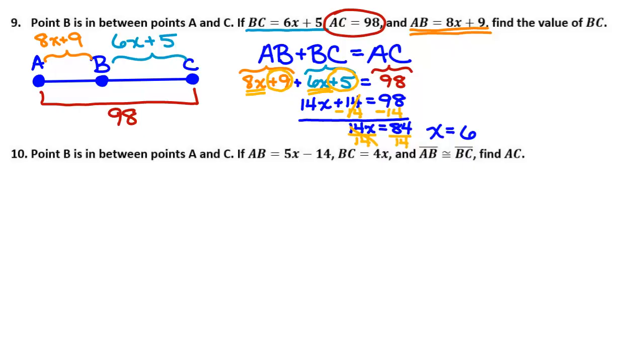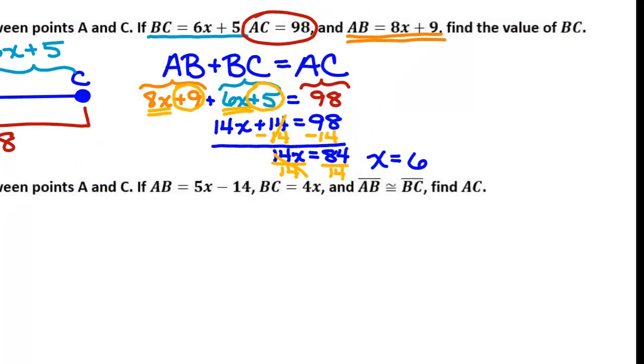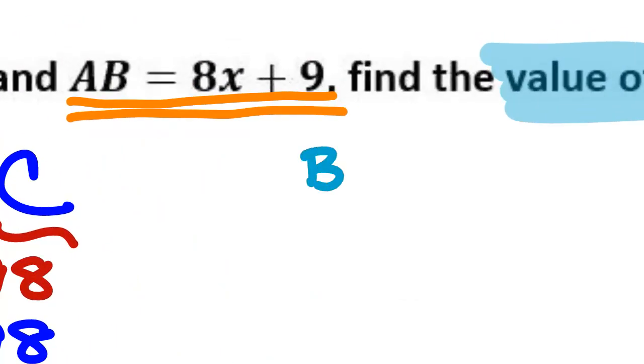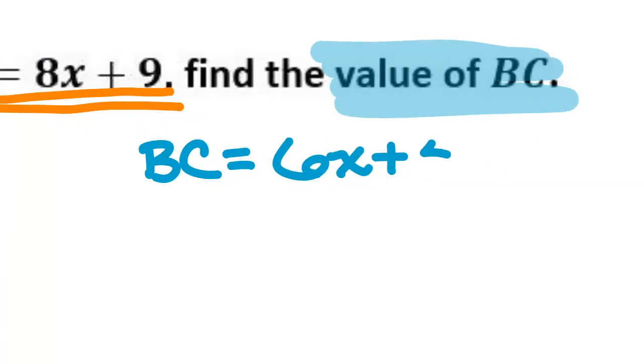Is that what they asked us to find in the problem? Did they ask us to find x? What were we asked to find? The value of BC. Well, we were told at the beginning that BC was 6x plus 5. So how can I find the value of BC if all I know about it is that it is 6x plus 5?